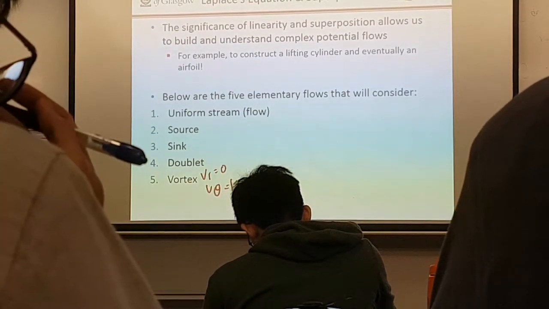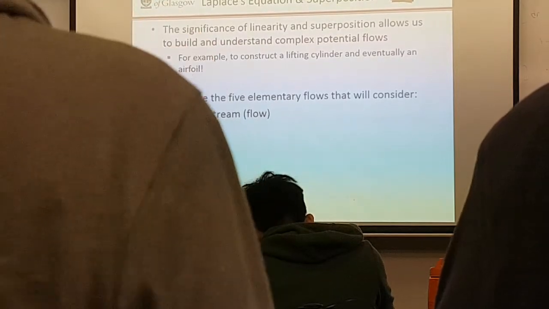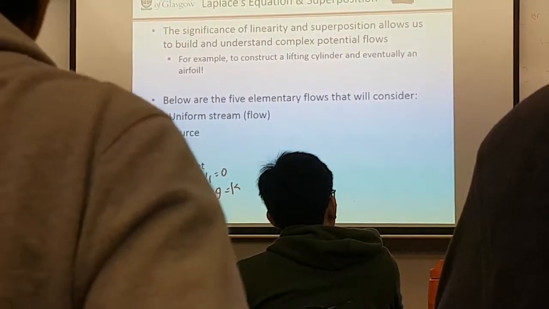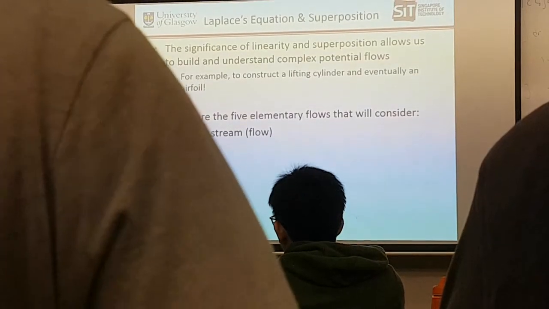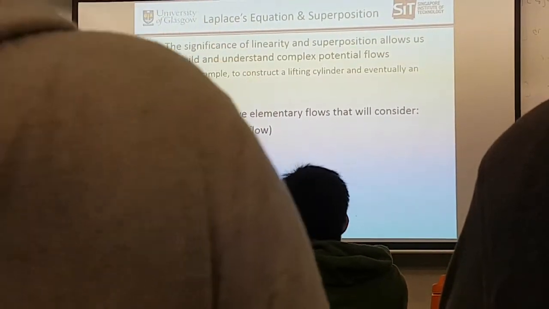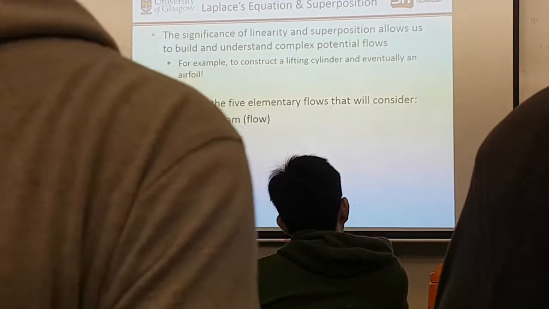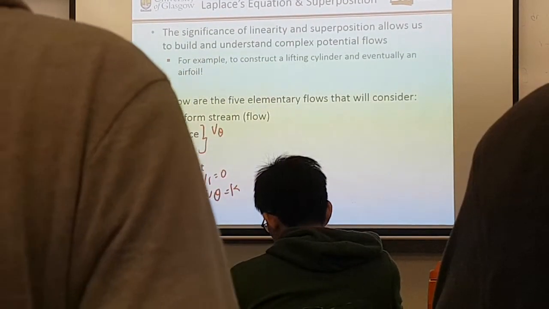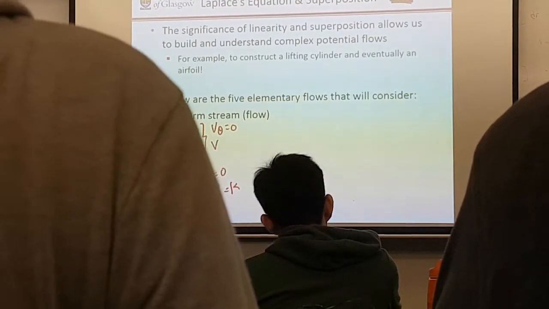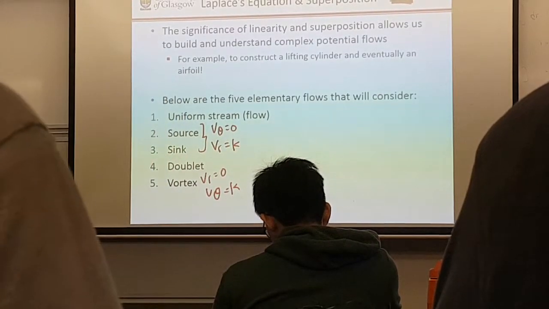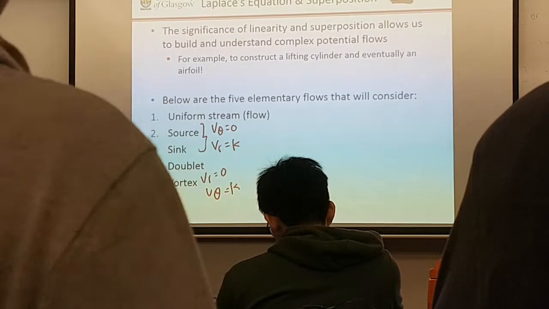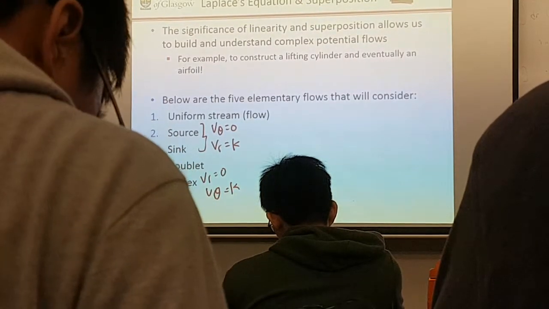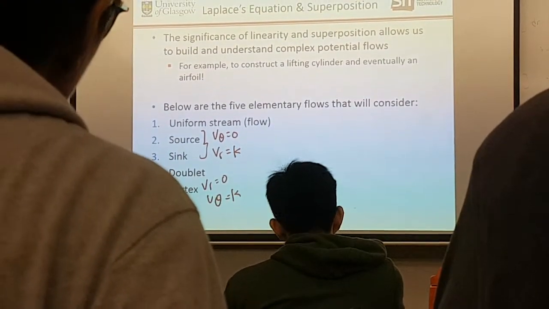You can call this either the circumferential velocity or the tangential velocity, it's the same thing. But for a source and a sink, they're different. Your v theta equals 0 because it's not circulating, but your vr is a certain value because it's radiating outwards.